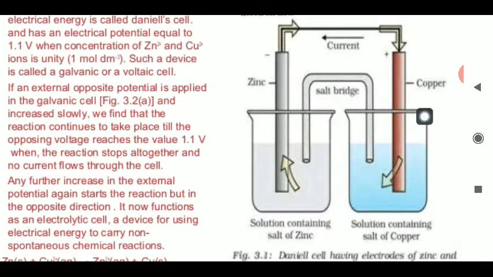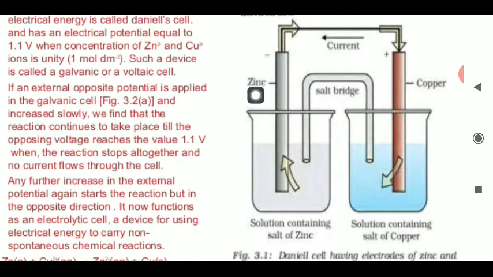So the deficiency of electrons remains in this particular beaker, and this is the site where an abundant number of electrons are generated. So this electrode is said to be electron rich, and you know electrons have negative charge, so this electrode retains the negative charge, while on this side the deficiency of electrons is maintained, so this electrode is said to be electron deficient.